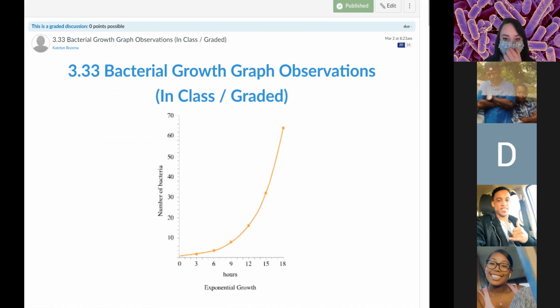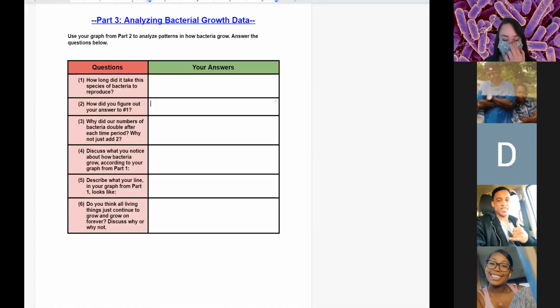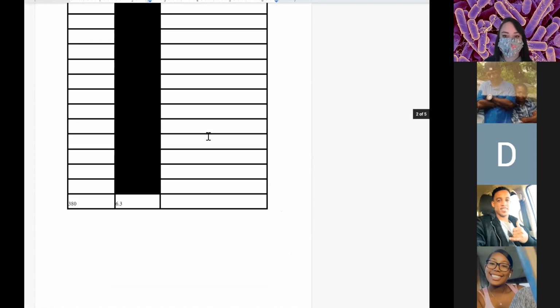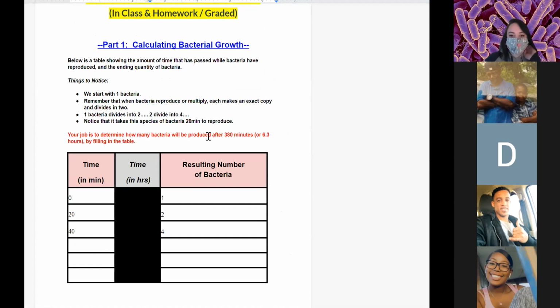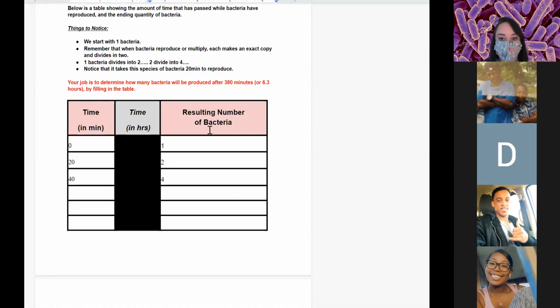All right, so let's go over now your homework assignment from last week, which was 3.30. To review, there were 3 parts. Part 1 was filling in the data table and calculating bacterial growth. Part 2 was graphing it, and part 3 was summary questions. In part 1, we had to fill in the time side, and we noticed that the time increased by increments of 20 minutes, so we just kept adding 20.